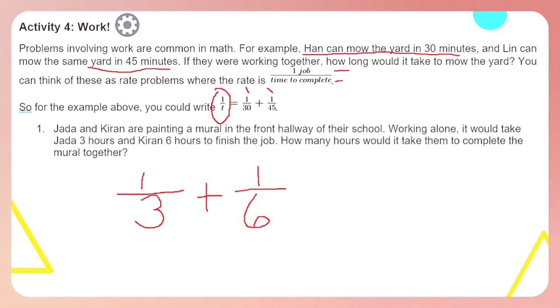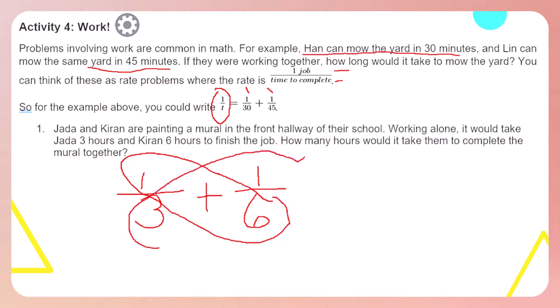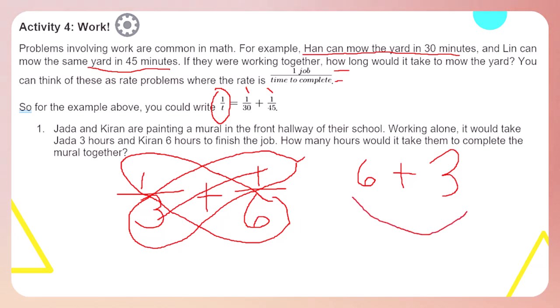So we need to have a common denominator. However you do this with fractions, you can cross multiply, call that butterfly math, or you can find the common denominator, which would be 6. I'll just use butterfly math. All right, so 1 times 6, I always start on the left. 1 times 6 is 6, plus 1 times 3, we're going to go over here. 1 times 3 is 3, and the common denominator would be 6 times 3, or 18.